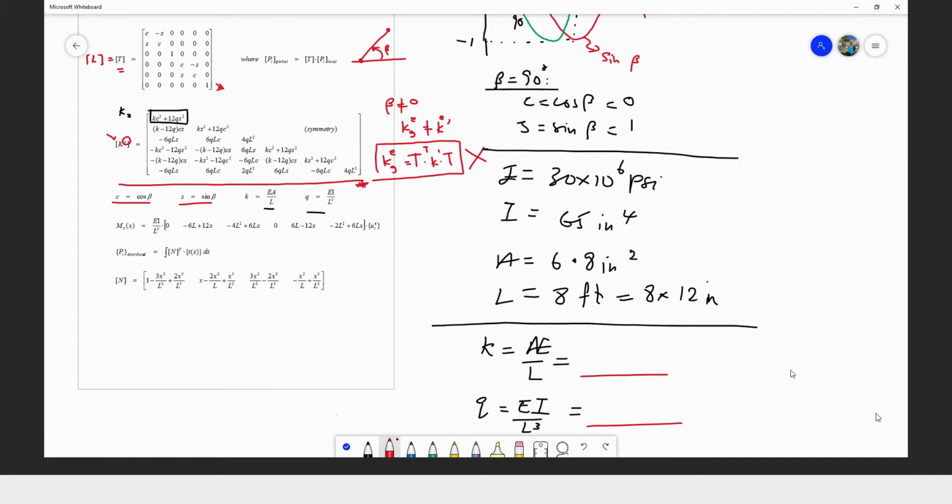So what is the number here? 4K? Anyone? Please help me. Ada orang ke tak ada ni?